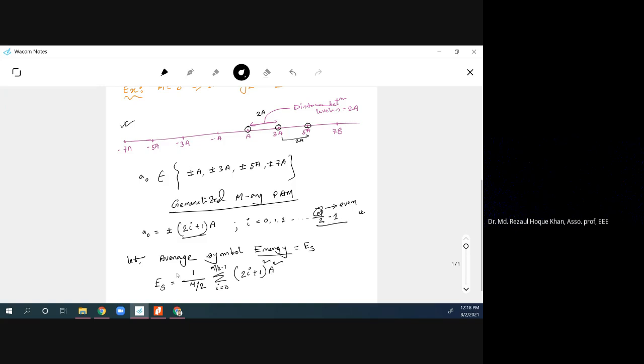We know that A0 is (2I+1)A. So this is our average symbol energy.